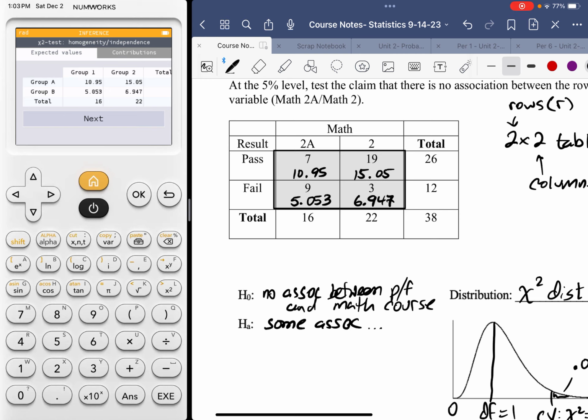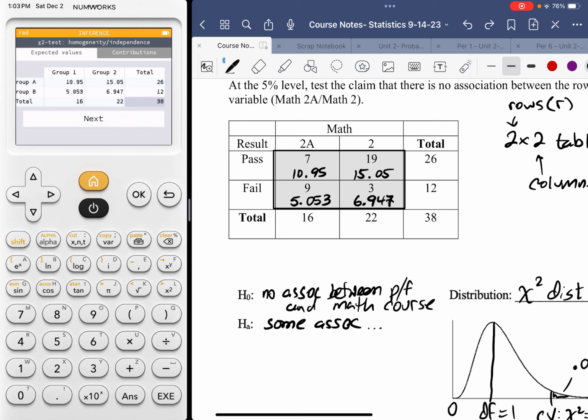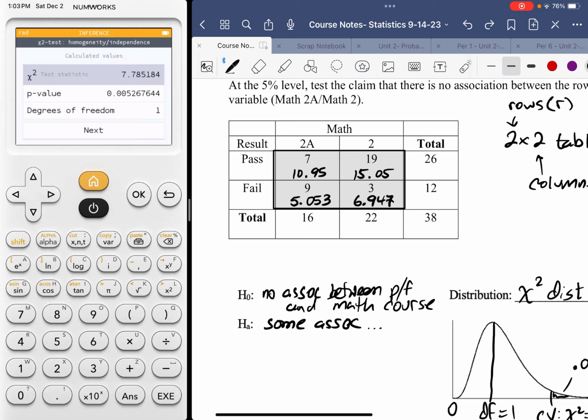And by the way, before I do that, it's nice to have this sight recognition that the numbers are generated properly, because the totals for your expected should be the same as the totals for the raw data. So my 10.95 and the 5.053, they do add up to 16, or at least something that rounds to 16. So we're pretty confident that we didn't just botch the data entry part of it. Right, so all the totals bear out properly.